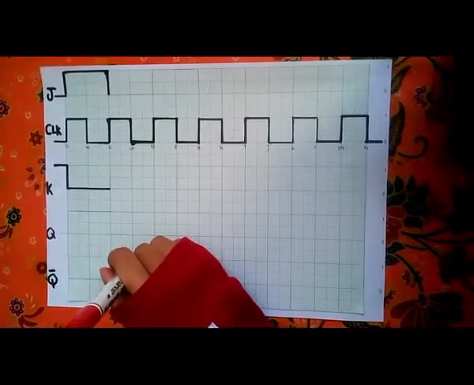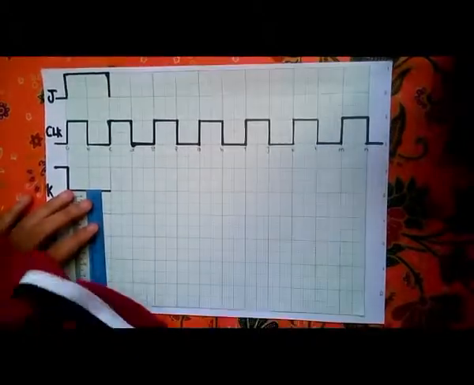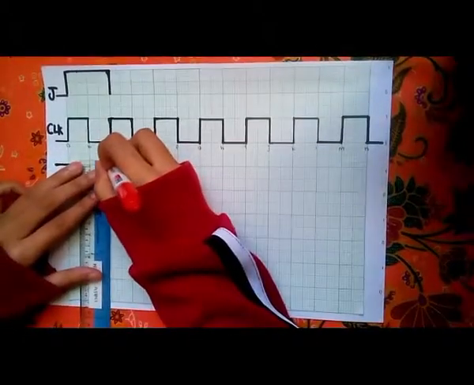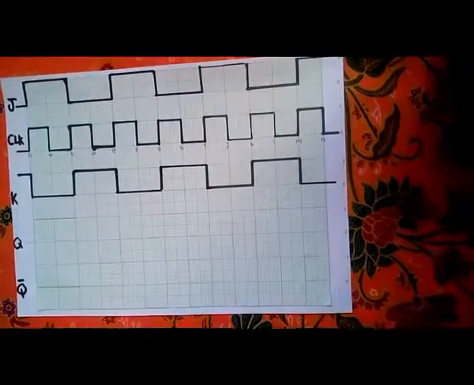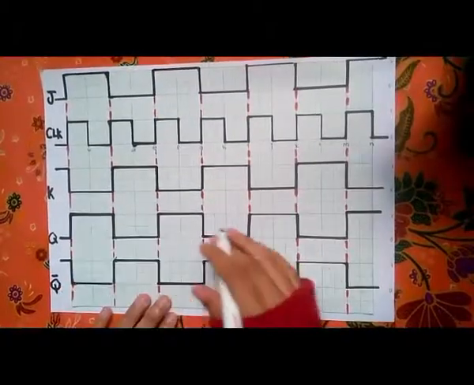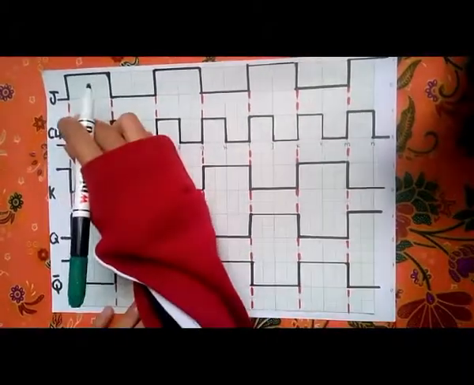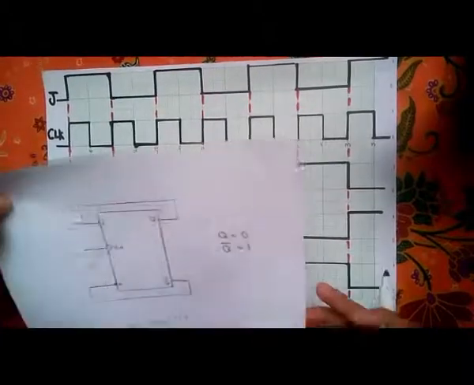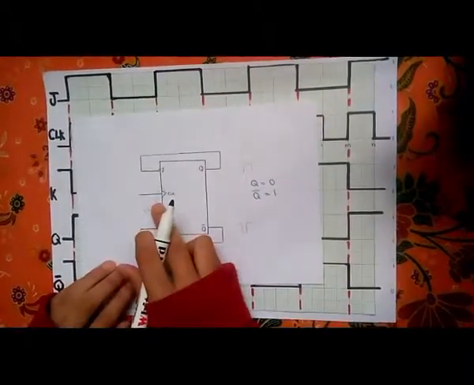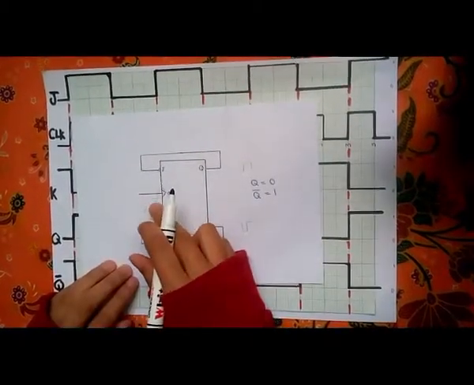Let's illustrate the timing diagram. This is the way to illustrate the timing diagram. The red line represents PGT because, based on the flip-flop, there is no bubble, so we get the output for the PGT.